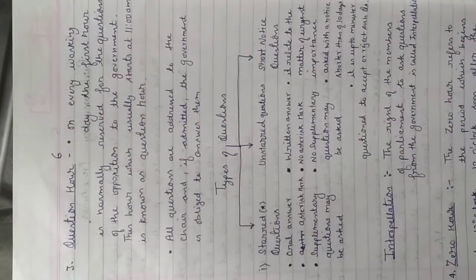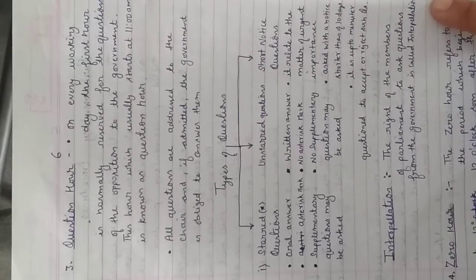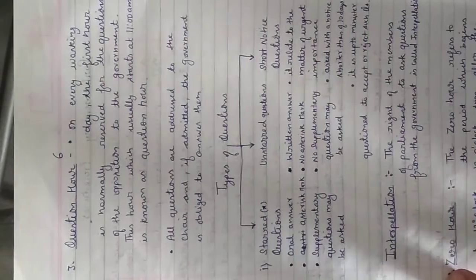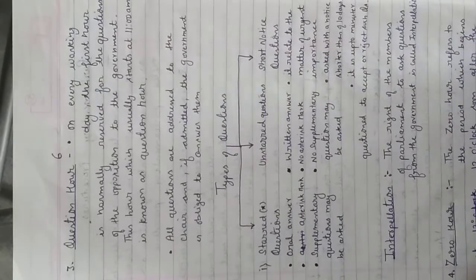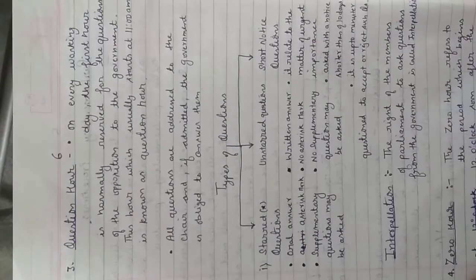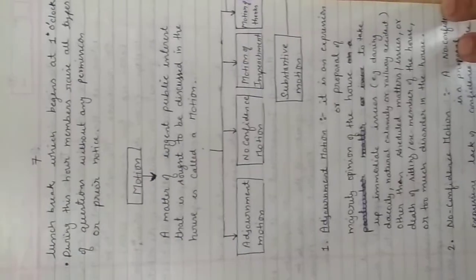Then what is interpellation? The right of members of parliament to ask questions from the government is called interpellation. It is basically a right of asking questions from the government. Then Zero Hour refers to the period which begins at 12 o'clock soon after the question hour and continues till the lunch break, which begins at 1 o'clock.